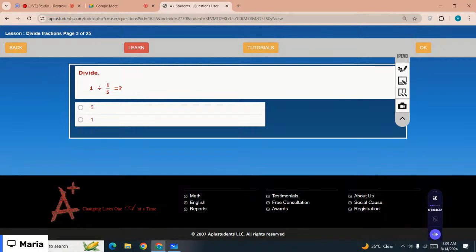The next one is 1 divided by 1 by 5. Which is the correct option?